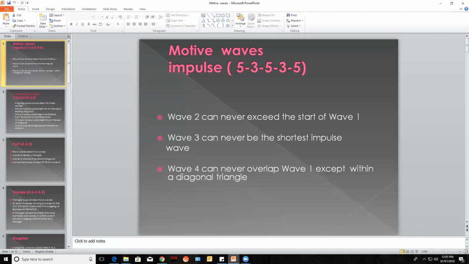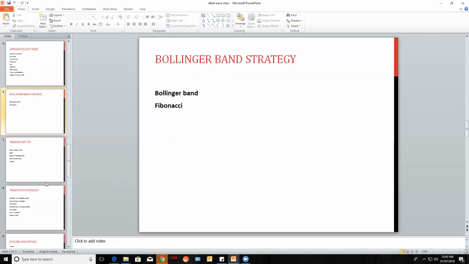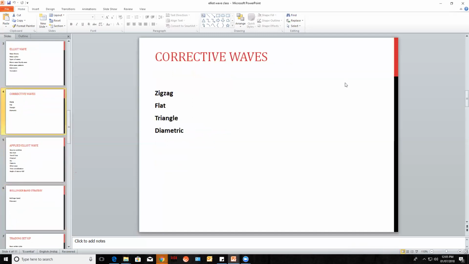Now from morning we covered the total wave theory. Yesterday we finished Elliott wave and Elliott wave patterns, extension and truncation. Now we can learn about corrective waves. If it is clear to everyone till now, we can move further.